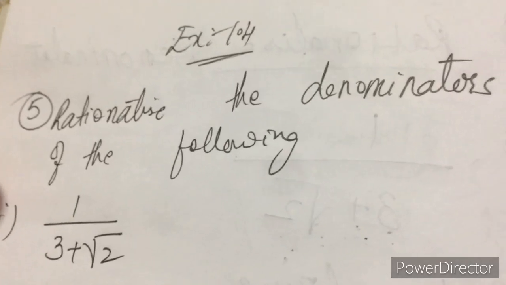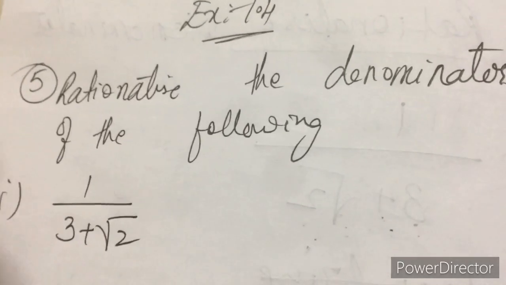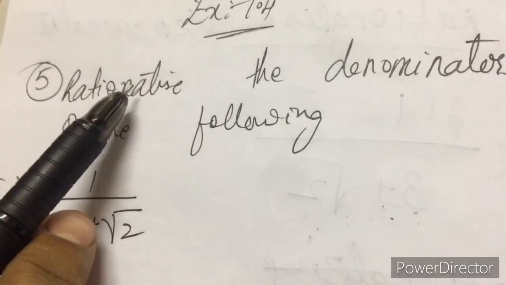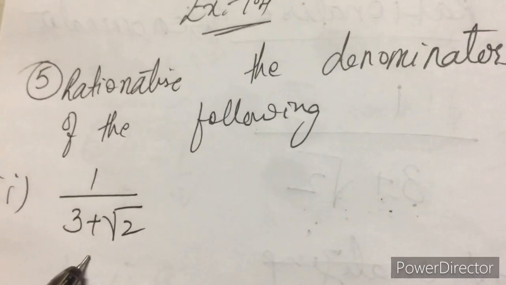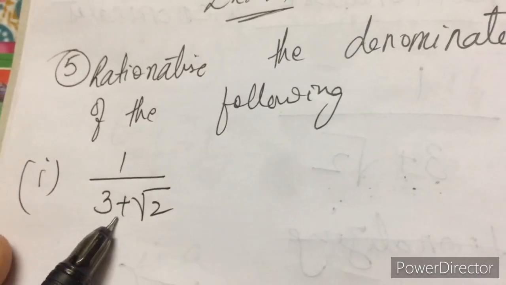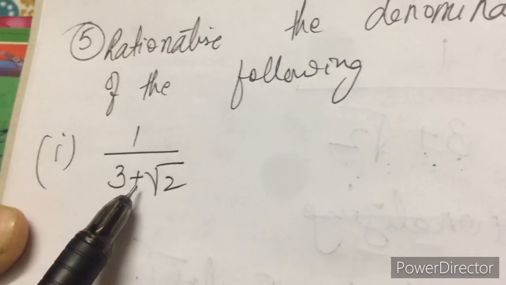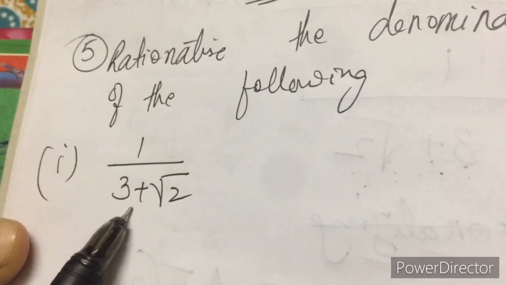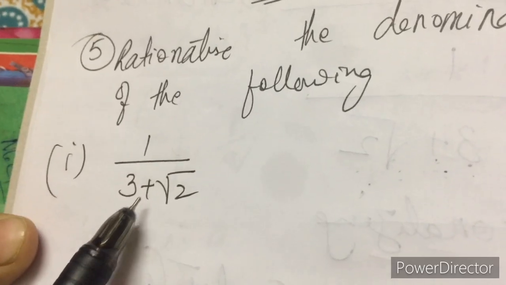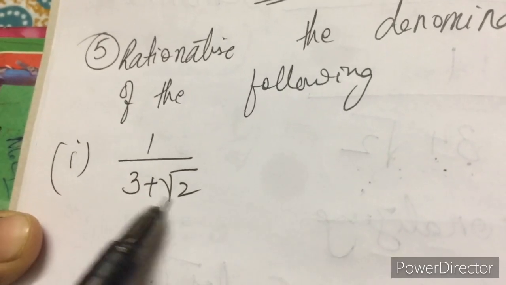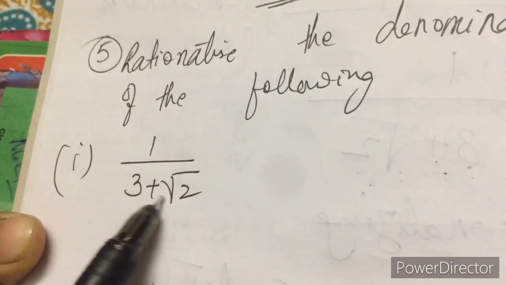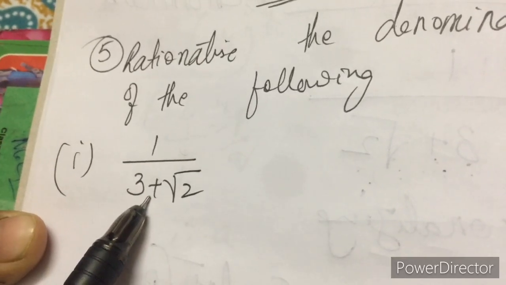Fine. Shall we continue? See here, rationalizing is always done to the denominator. You observe this denominator, it is 3 plus root 2. So always the rationalizing factor, if there is a plus in between the numbers, you should write the same numbers with minus.